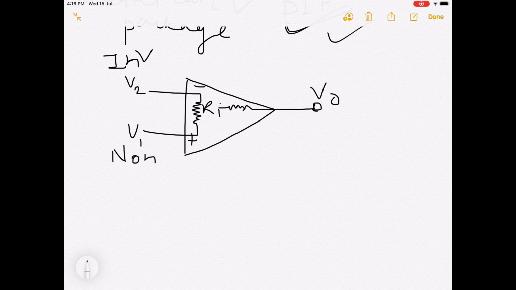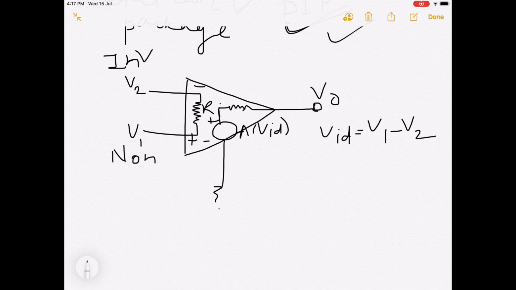Here is the gain A into VID. VID is what? VID is equal to V1 minus V2, the difference voltage, and then this is grounded. So this is the equivalent circuit of the op-amp.